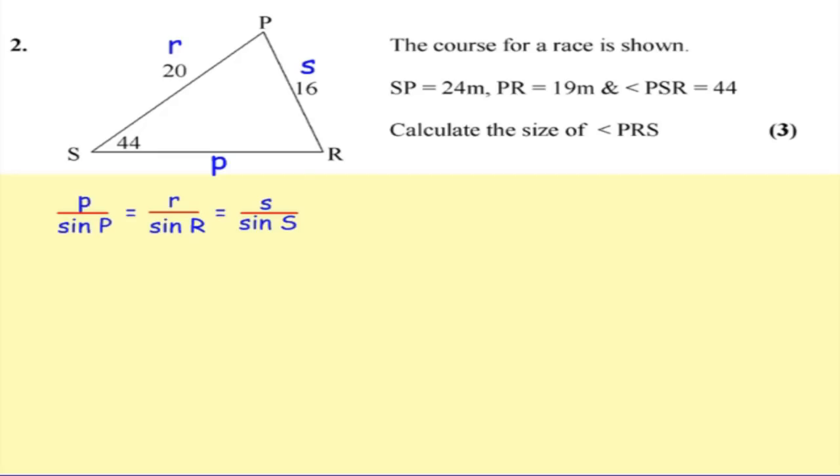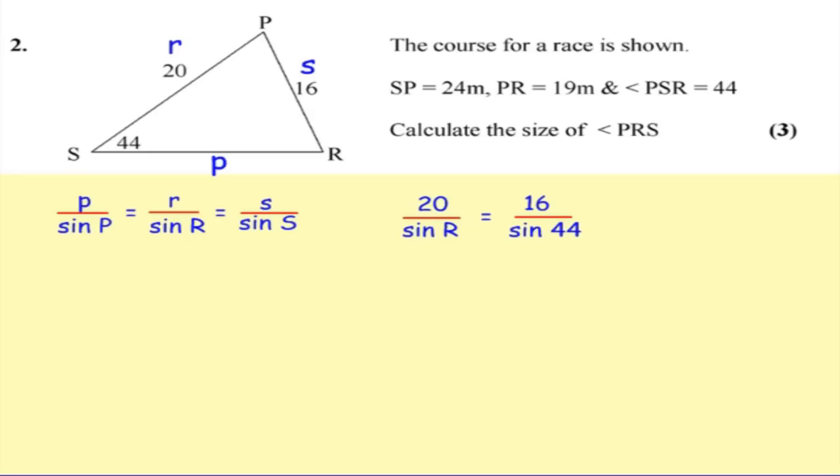The sine rule for this triangle is p over sine P equals r over sine R is equal to s over sine S. Now, we don't know anything about small p or the angle at P. So it's the second part of the sine rule that we're going to use. r over sine R, which is 20 over sine R, is equal to s, which is 16 over sine S, which is sine 44.